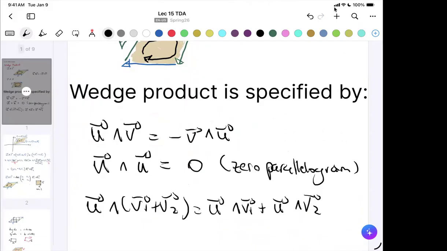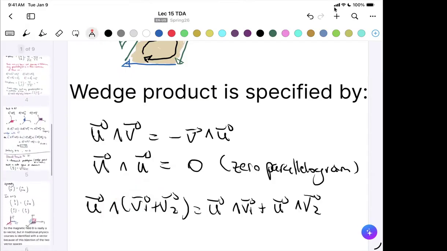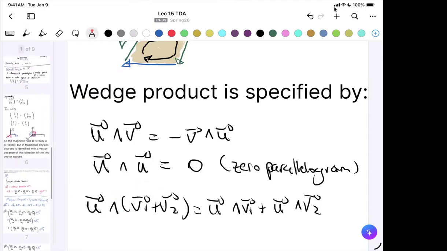So the wedge product of any vector with itself gives you zero. And then you can distribute as with regular multiplication, the dot product, or the cross product. Those are the basics of how the wedge product is supposed to work.